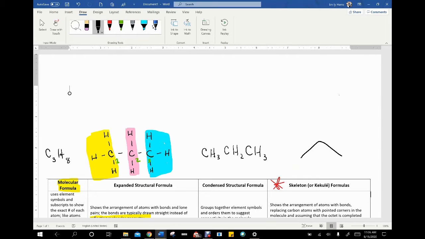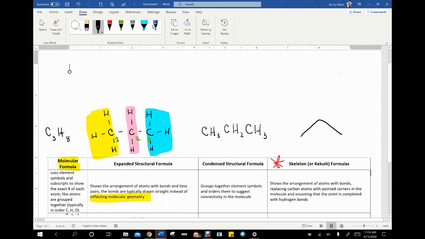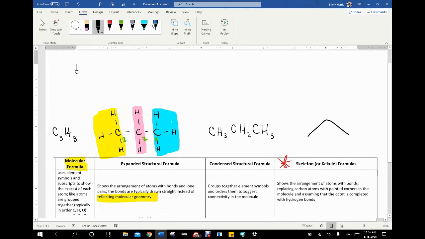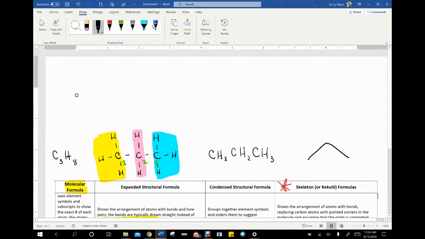All right, now before we get into the examples on your chart, let me do one more example that actually came up in your reading in Napoleon's Buttons for your intro to organic chemistry, and that was acetic acid. I'm going to start with the Kekulé structure here, and we're going to go backwards and fill in the other pieces.